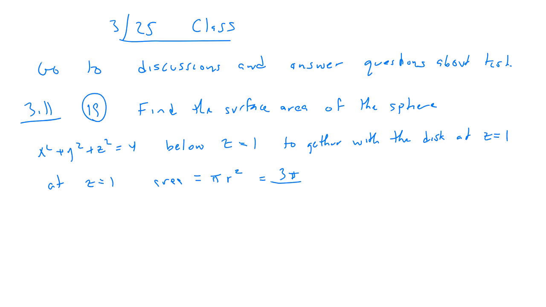So that's the disk. Now what we want is the part of the sphere, and here's what it would look like from the front. So we have the part of the sphere that is below z equals 1.